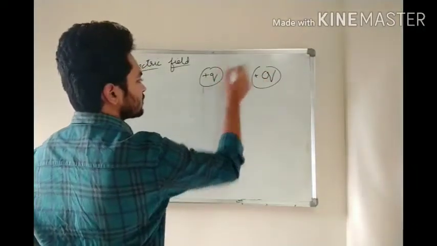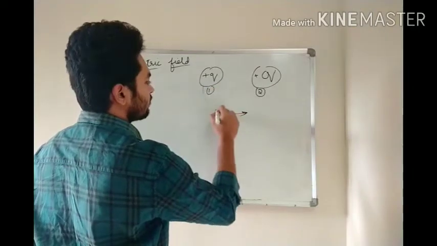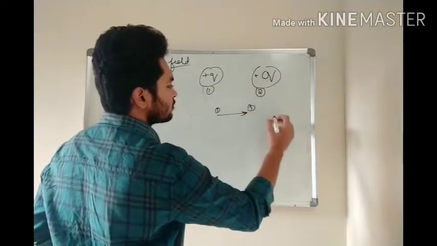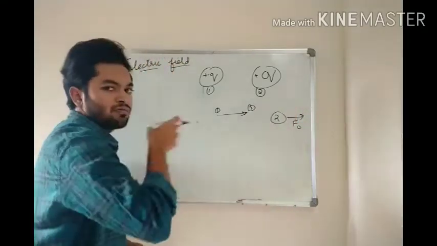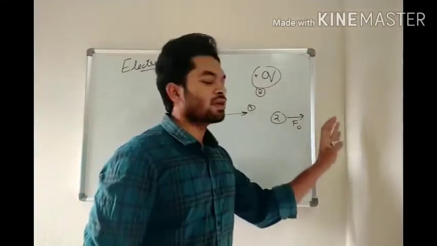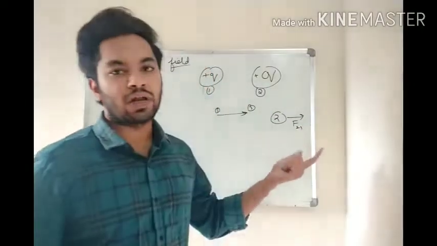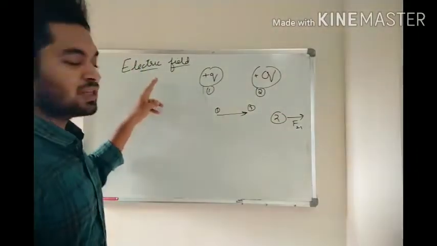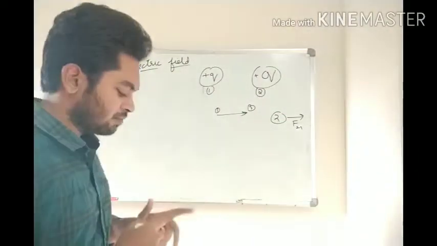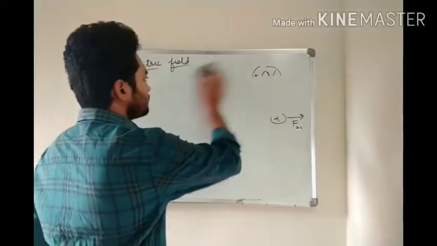If charge 1 comes near 2, what will 2 do? 2 will go away with a force, so we call it the force on 2 by 1, F21. I hope you remember this. But from this topic onwards, what does electric field mean? What is this electric field going to do with these charges?